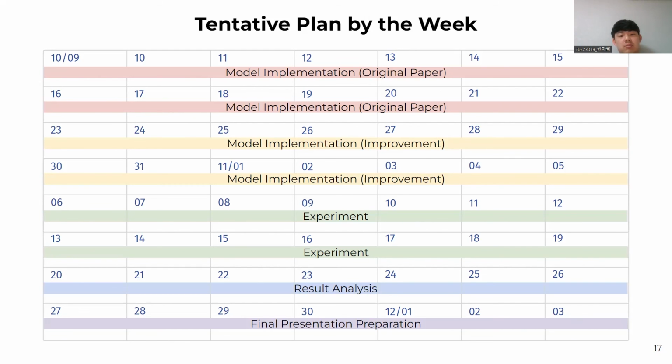Once all the implementation is finished, we're going to run some experiments to check if our model is actually better than the original one. And once the experiment is over, we're going to analyze our results in a deeper manner. And for the last week of the semester, we're going to be preparing our final presentation.